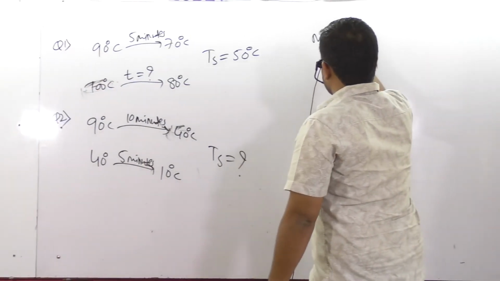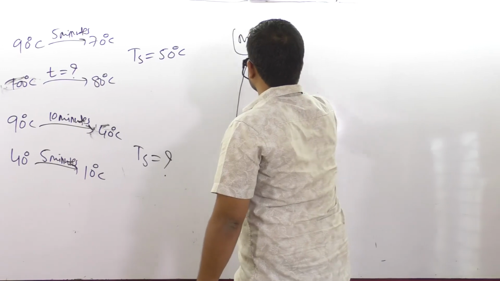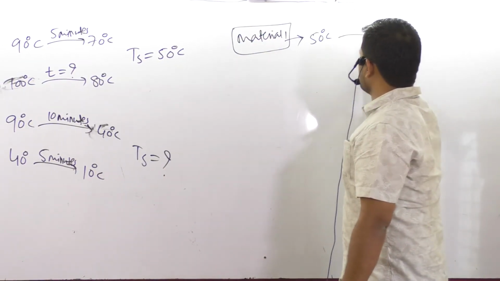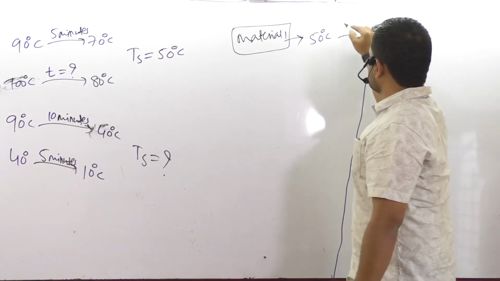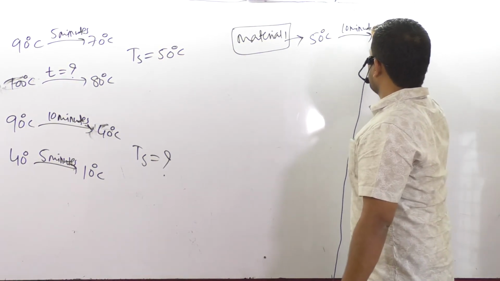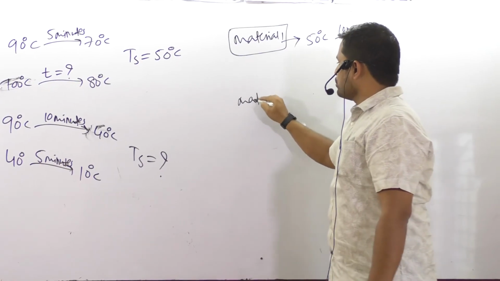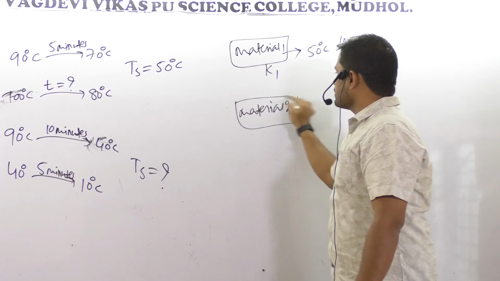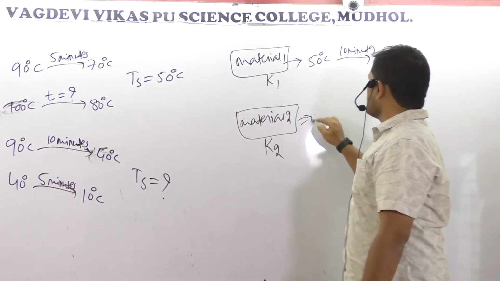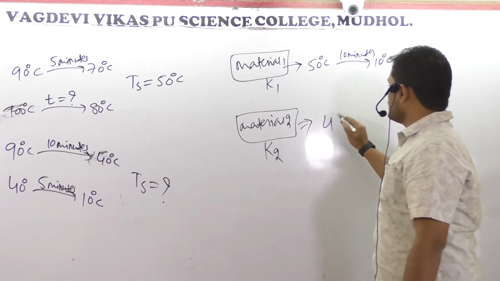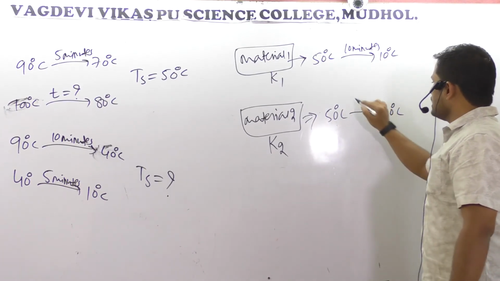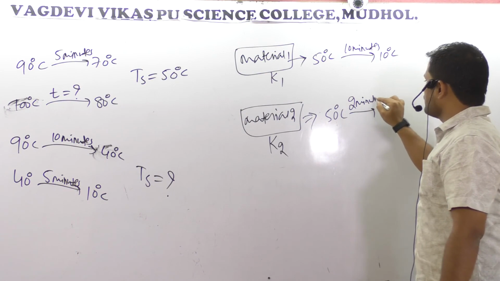For example, I have one material here, material 1. It takes 50 degrees Celsius to 10 degrees Celsius in 10 minutes. And I have material 2. Material 1 means K1, and material 2 means K2. So here it takes 50 degrees Celsius to 30 degrees Celsius in 2 minutes, just randomly giving 2 minutes.